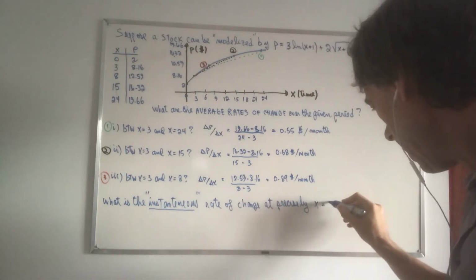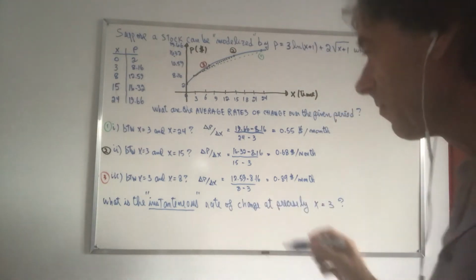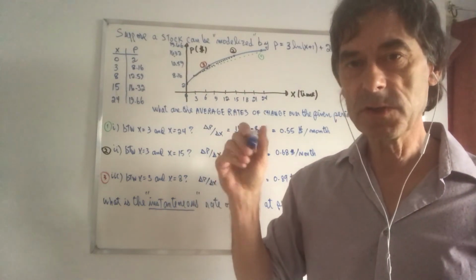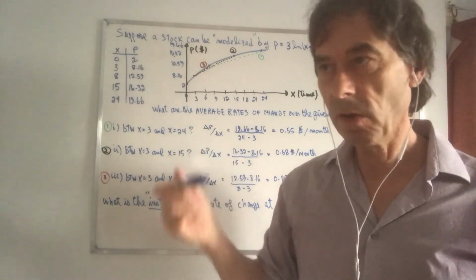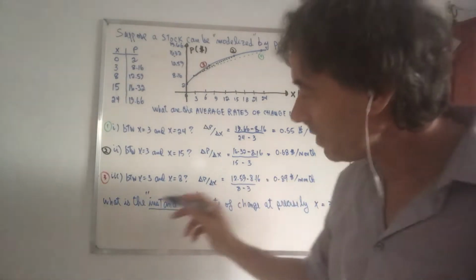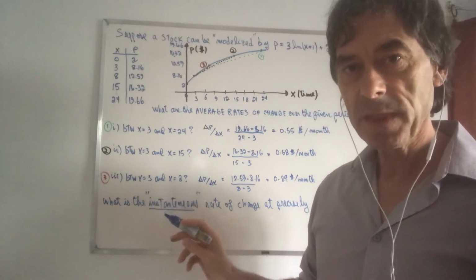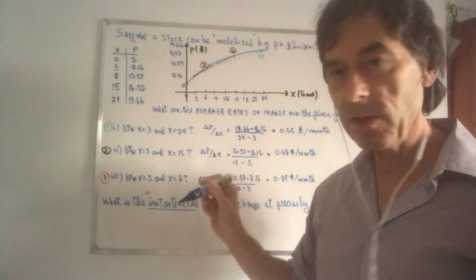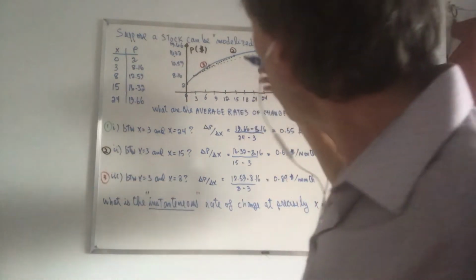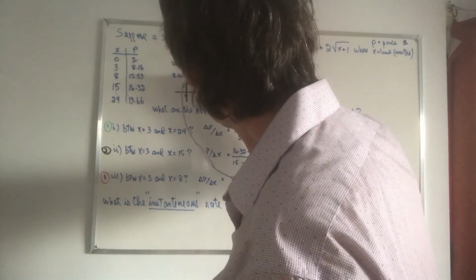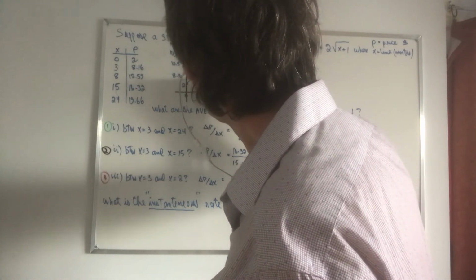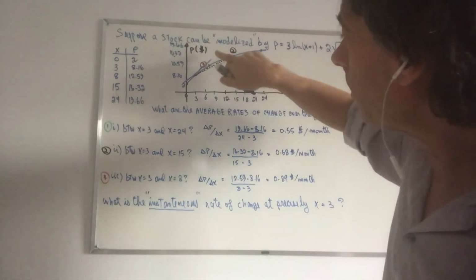So after 3 months, not over a certain period, but exactly after 3 months, how fast is the value of my stock rising? Instantaneous rate of change means that I'm not taking an average between 2 points. I'm actually taking a value on the graph at that point. So the rate of change at a given point is going to be the value of that line.